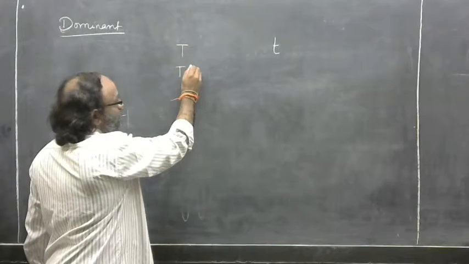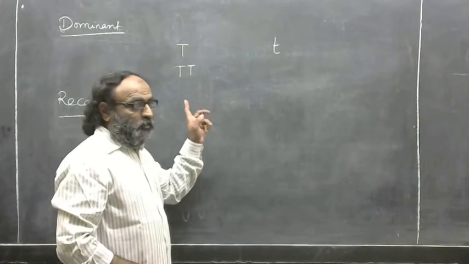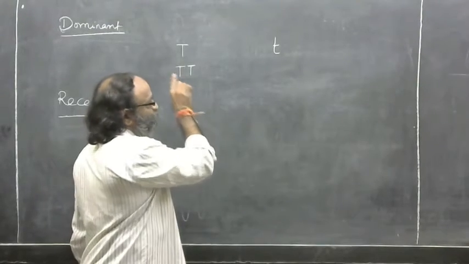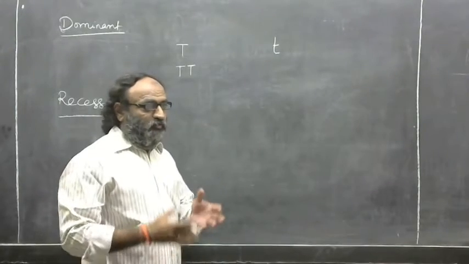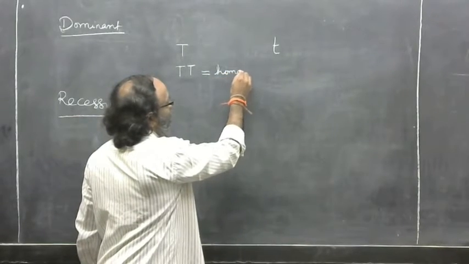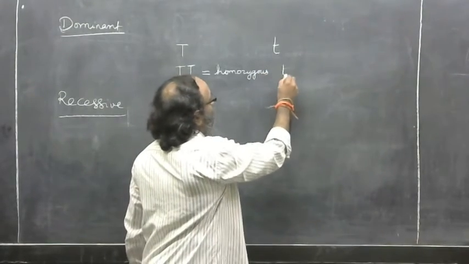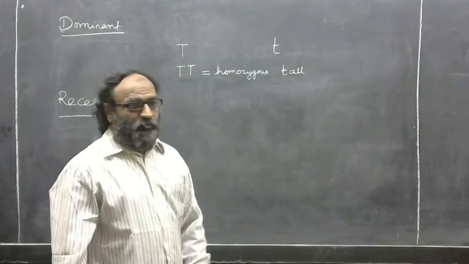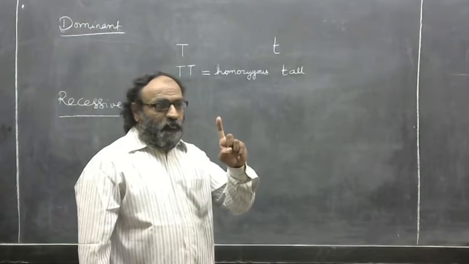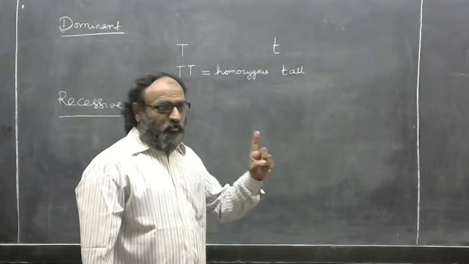If I represent capital T capital T, what is the condition? The condition is homozygous, because it has identical genes. Homozygous tall. I already told you I have taken capital T representing tallness and small t representing dwarfness or short character.